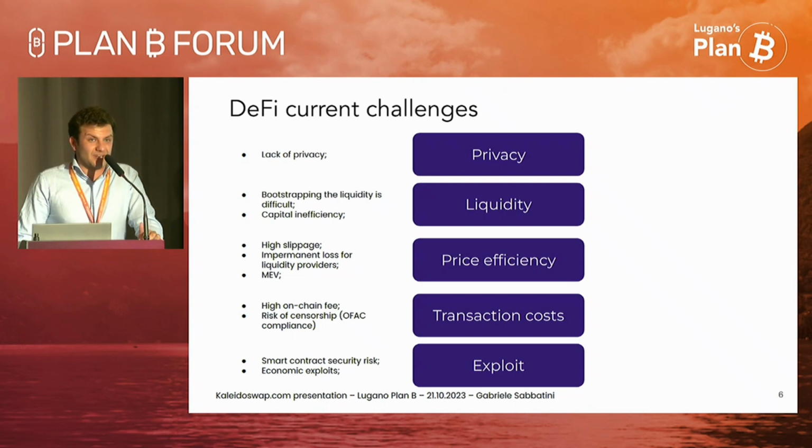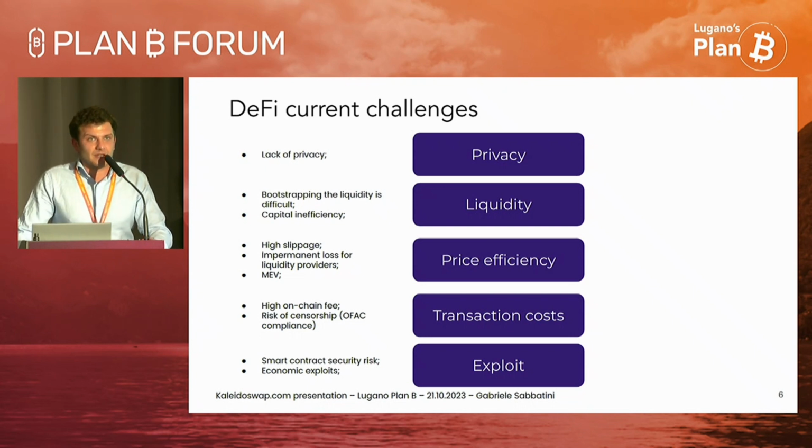When it comes to transaction cost, if you keep trading on layer one, let's call it like this, you face huge and high transaction costs. Whereas when it comes to, again, settlement, since it's not privacy-aware trading, you risk the fact that someone can censor your transaction, especially on EVM-like blockchains.